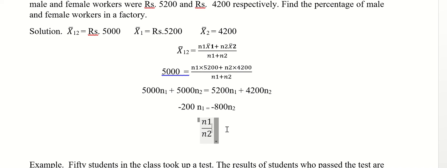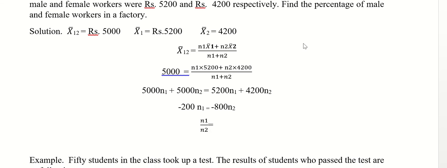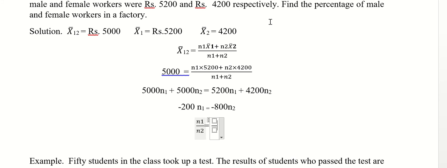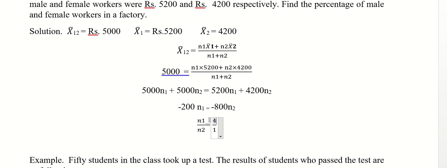So it becomes 4 by 1, right? So we have obtained the ratio of n1 and n2, that is 4 by 1, right?